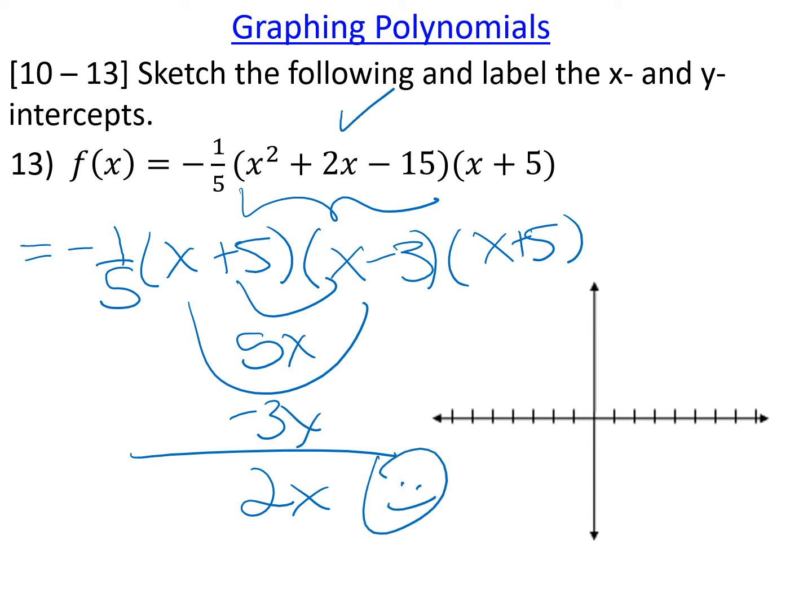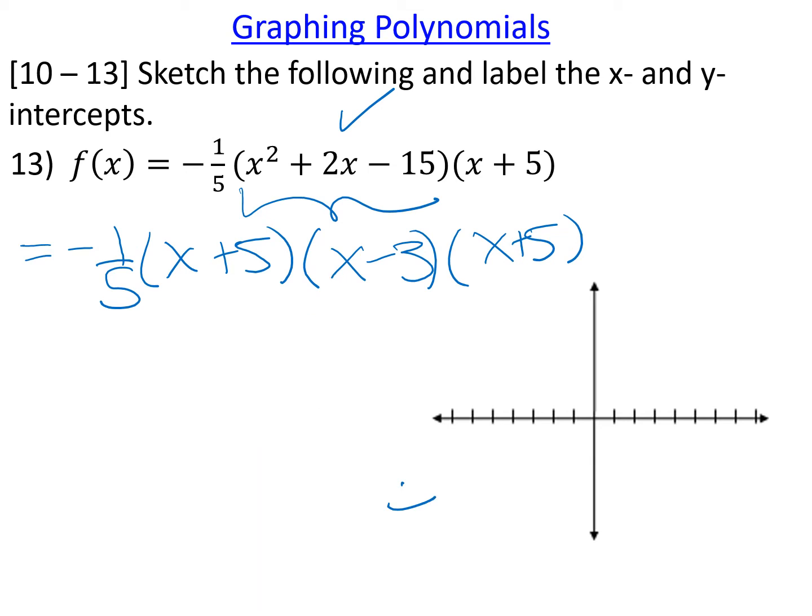When I do that, I can now see that I have 2 of my x plus 5s. So I'm going to just go ahead and erase this to make more room. Okay, so I could say -1/5 times (x plus 5) squared.